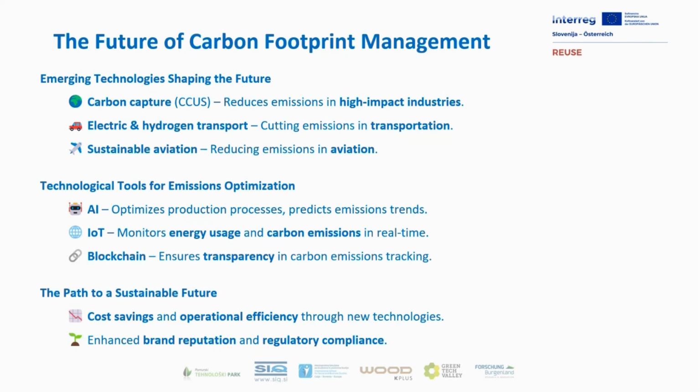So we said innovations like carbon capture, biotechnology, electric and hydrogen transport, and sustainable aviation are critical for reducing emissions in high impact industries. All these technologies are transforming how companies monitor, track, and optimize emissions, and these tools enable precise monitoring, real-time analysis, and predictive insights, facilitating significant emission reduction across operations, which is crucial.